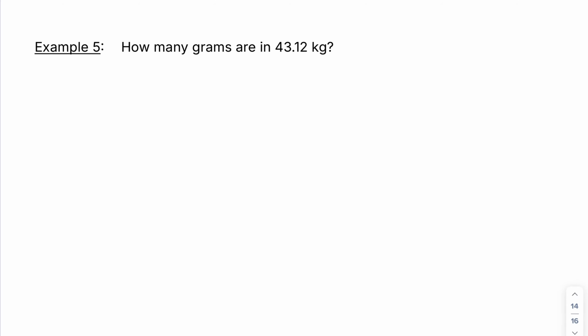How many grams are in 43.12 kilograms? Okay, again, we start with 43.12 kilograms. That's what we know. Then we have to go through the conversion factor. Well, we need to know how many grams are in a kilogram, and that is 1,000 grams per 1 kilogram. Okay, so we have a kilogram down here, kilogram up there. We can go ahead and cancel those out.